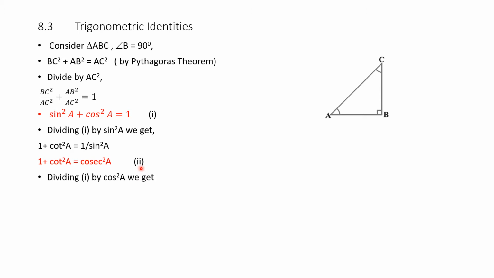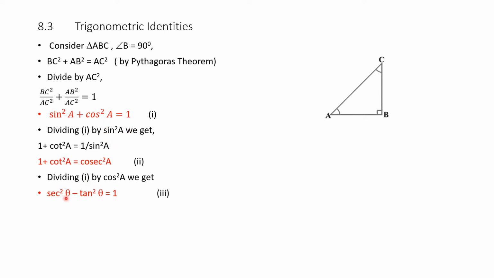Now, let us take the third one. Previously, we had divided equation 1 by sin squared A. To get the third identity, we will divide the same equation 1 by cos squared A. Therefore, it is sin squared A by cos squared A plus cos squared A by cos squared A. We get sin squared by cos squared is tan squared and cos squared by cos squared is 1. 1 by cos squared is secant squared.